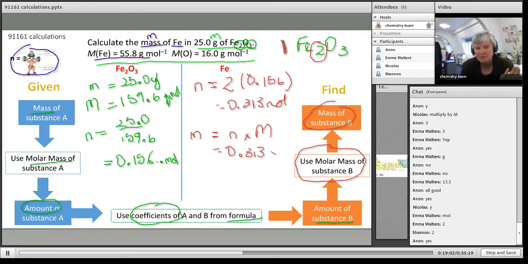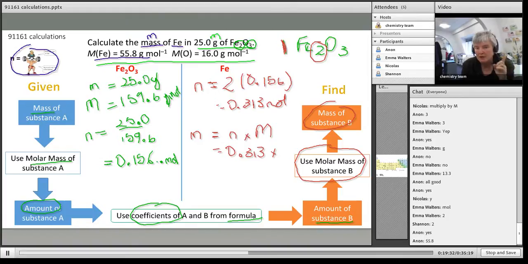And my molar mass we had calculated, it's highlighted there in blue. Question, is it 55.8 or is it 111.6? What is my molar mass? So my mass of 1 mole of iron, 55.8, correct.